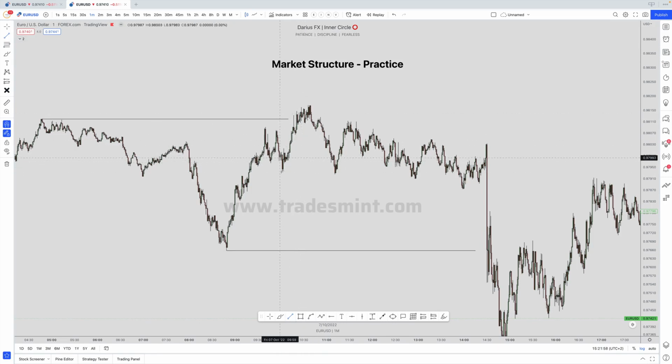And in this case, that would be pretty easy to understand. You see here a break of structure. It starts here, so this is your original move. You see price moving down, giving you an up move. Then again, at this point, it stops going down, breaks the structure from this point, and moves more to the downside.